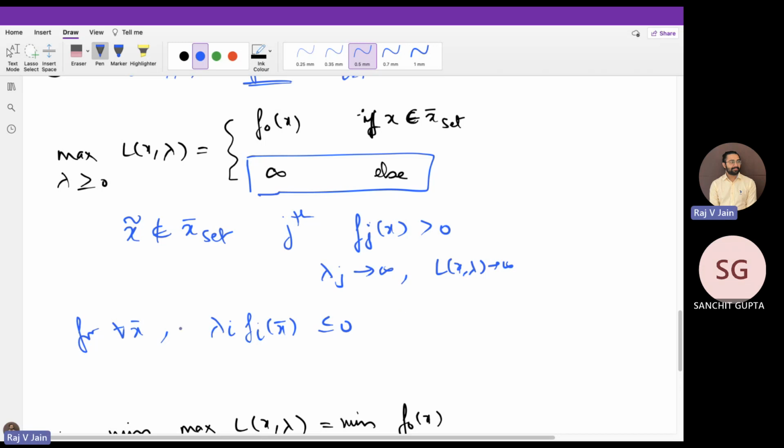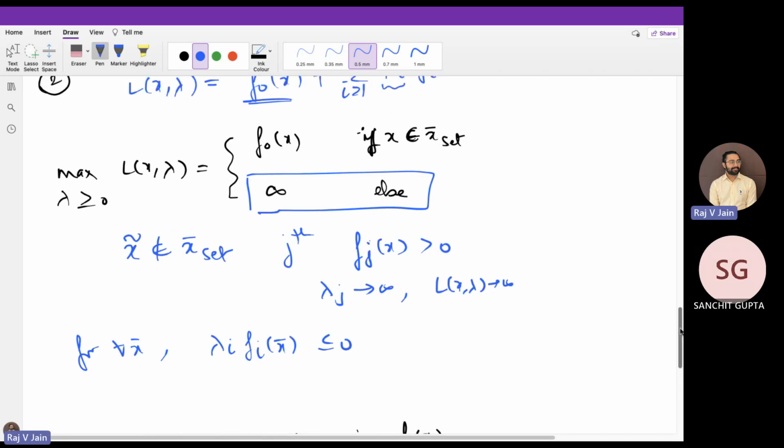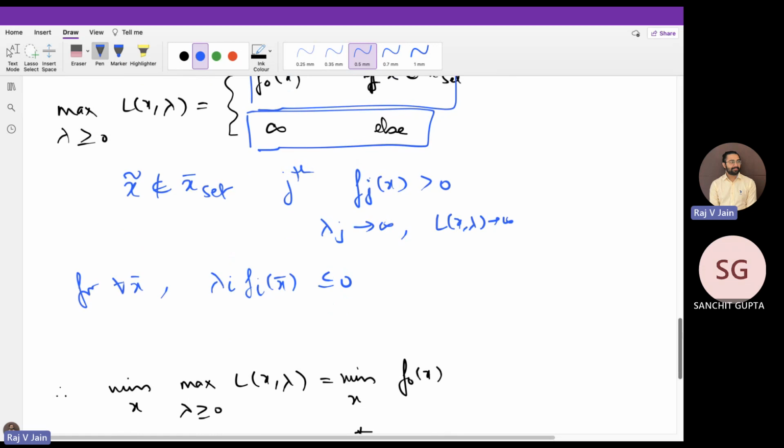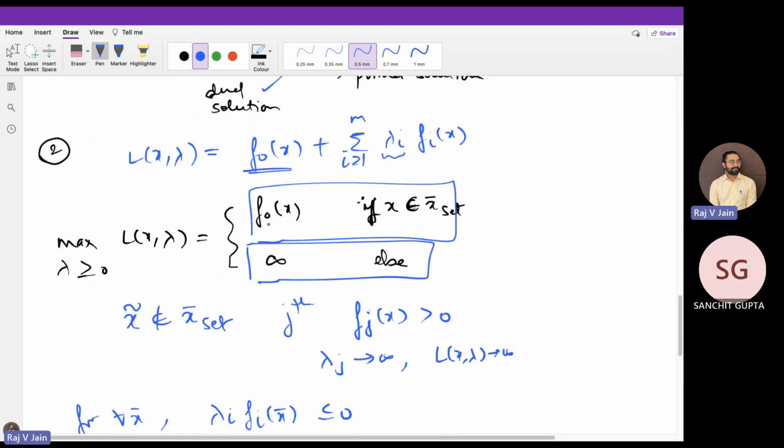So this sum will be negative. So the maximum that L of x comma lambda can achieve will be f naught of x, because the minimum value of this sum can be 0. Therefore, the maximum is this one.